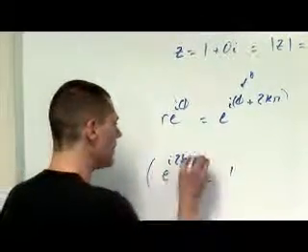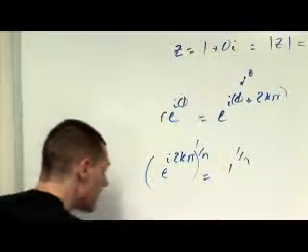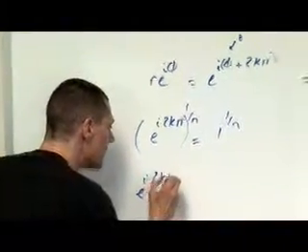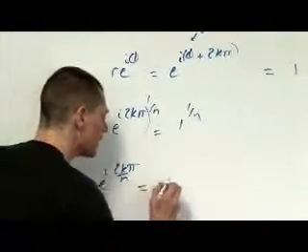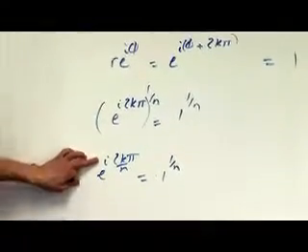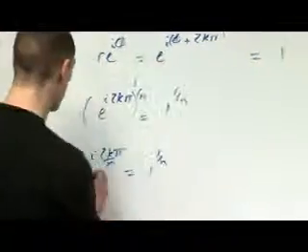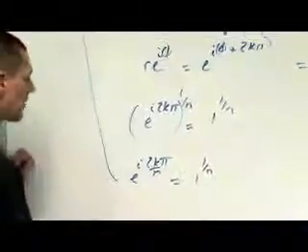We know that if we do this, the 1 over n, we're finding the nth root. So we have e to the i 2k pi divided by n is equal to 1 to the 1 over n. But this is the same as, I think I'm going to bring it up here, and then I'll work back down after I erase.